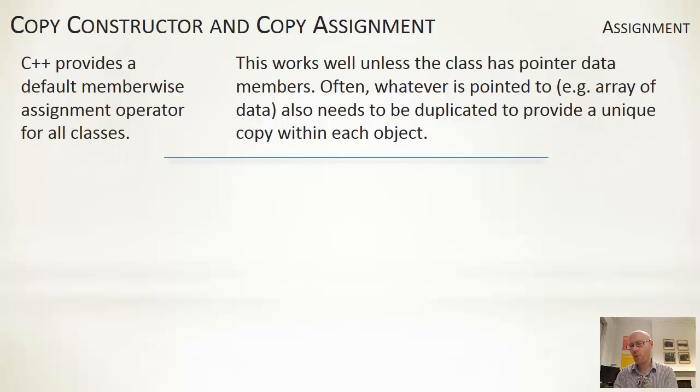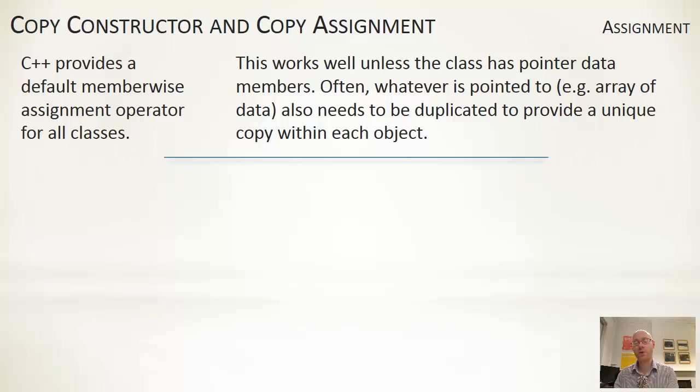That works well until you end up having a pointer to something else within your class. Because this member-wise assignment will copy the value that the pointer has. So let's say we have an object that contains a pointer to an array of data.